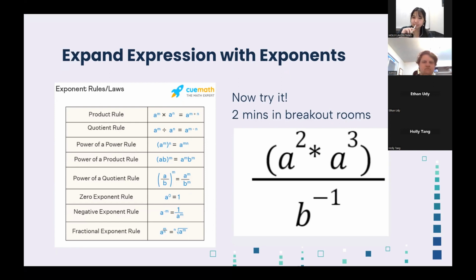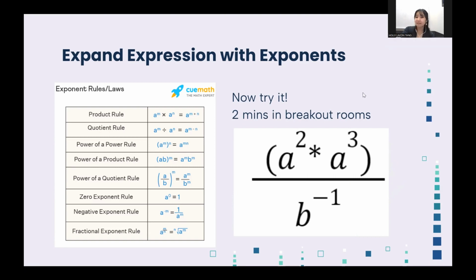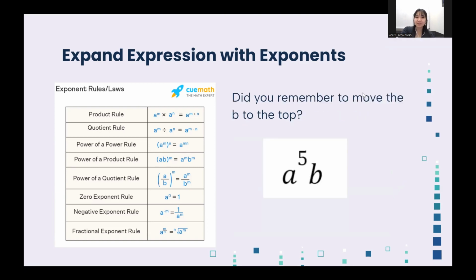But I forgot that you can also just put a 1 on the bottom. Yeah, so all we had to do to get rid of this negative exponent is move this whole thing to the top, and it becomes just b. So every time we want to flip, we just move it to the other side of the division line, right? Right. And I realized that now because the exponents on a weren't negative, so I didn't need to. Yeah, but if they were, that would have been great. Okay. Cool. So a to the 5th b. Awesome.